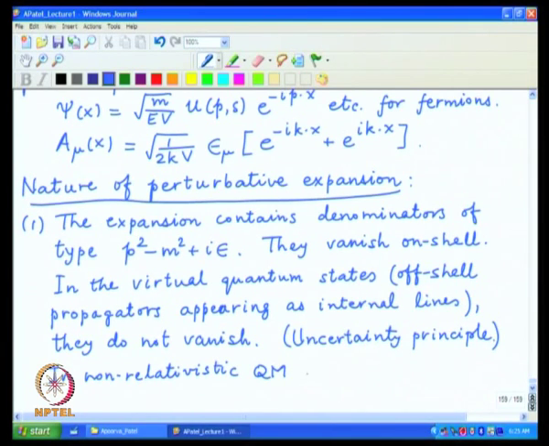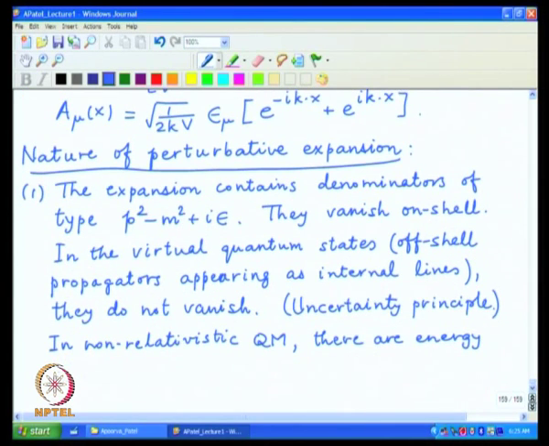in non-relativistic quantum mechanics, there are so called energy denominators in perturbative expansions, and they correspond to virtual states which live for very short time.